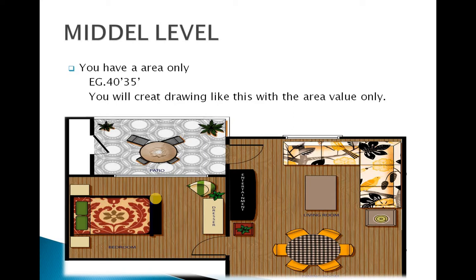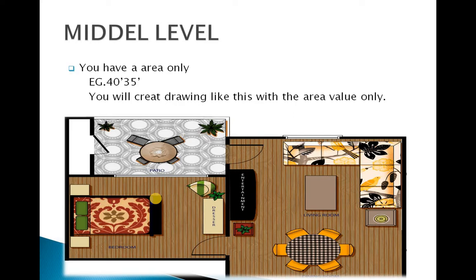At middle level, you are given only a size, and you have to create your own civil or architect drawing according to that size, because a copied drawing has no value in the market. So you have to create your own drawing as per your own dimensions or ideas at middle level.